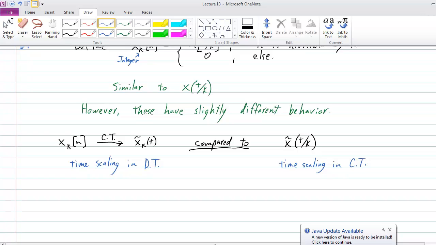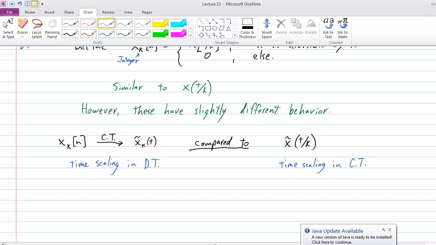Now let's look at this part here, and we use the sifting property. We're going to replace each f with k f naught. And that's going to equal the sum, k equals negative infinity to infinity, of a_k e to the i 2 pi k f naught t.